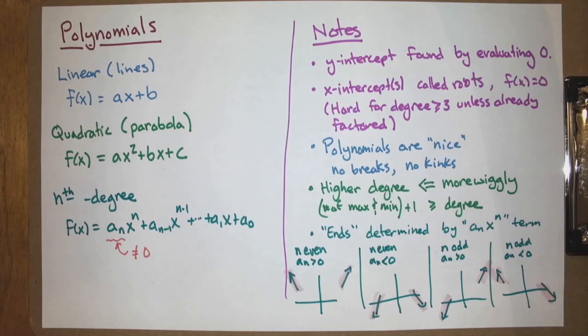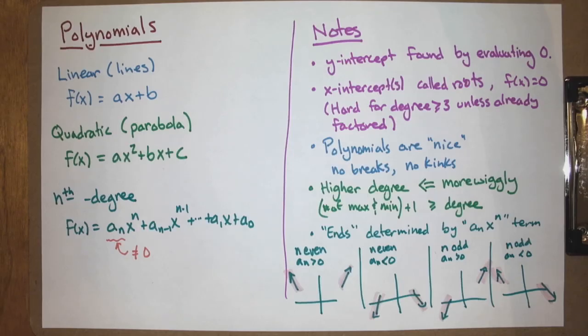The other thing is you can often say a little bit about the leading term, a sub n x to the n. Here's what you do. For very large values of x, the a sub n x to the n is the big piece. It's so big, all the other pieces will look small.